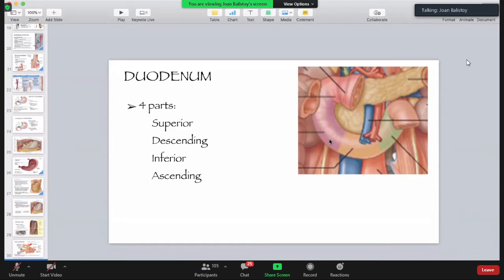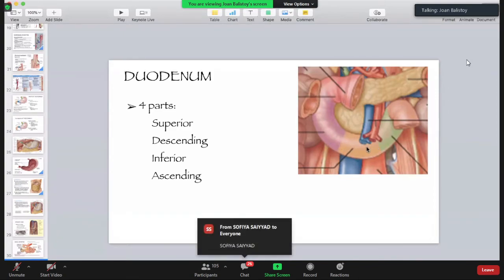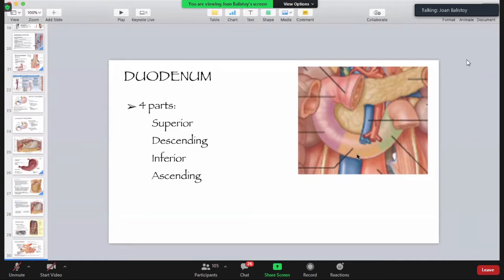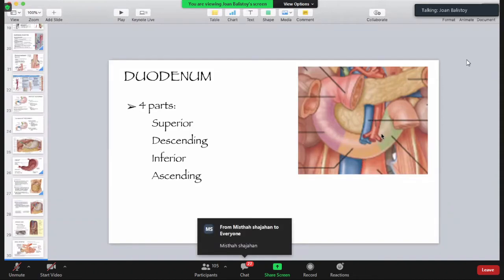The inferior part is the longest section and it is crossed anteriorly by the superior mesenteric artery and vein. So a while ago, it was to the right. Now, it is crossed by the SMA. All right? And the last part, which is the ascending part, is from L3 to L2.